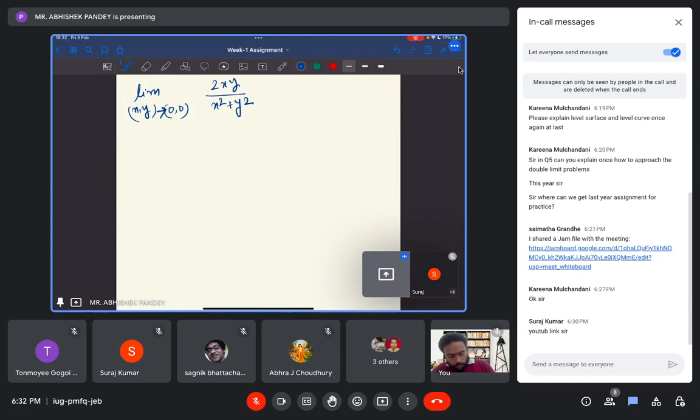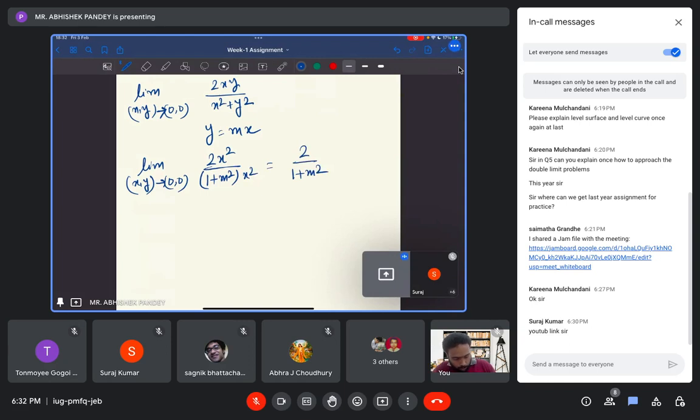Once you see the function, it is easy to observe what kind of path we should take. Okay, so let us take y equals to mx. Limit x comma y tends to 0 comma 0 will be 2x square upon 1 plus m square into x square. So this will be 2 upon 1 plus m square.